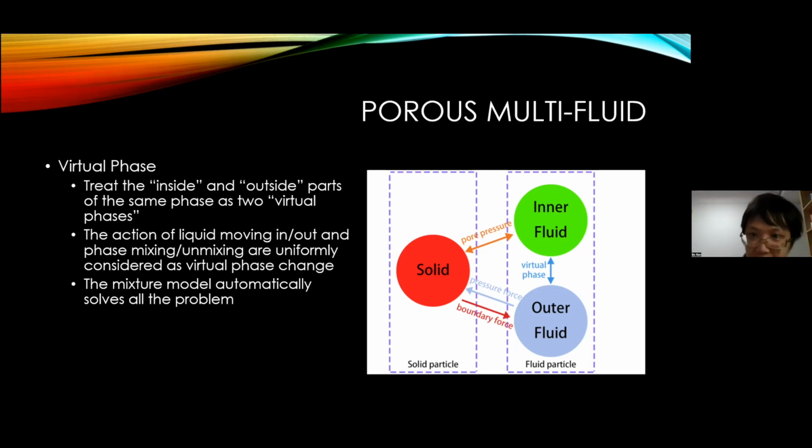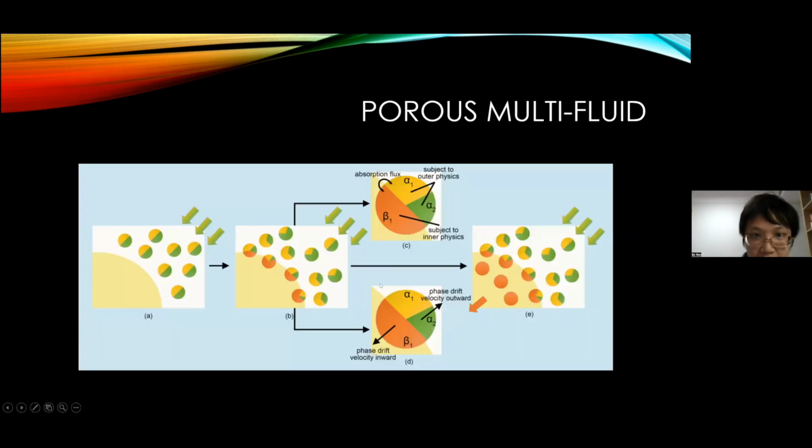model simulation with virtual phases. The particle behaviors on the boundary are shown in this figure. When the particle comes near the solid surface, in this case, we said that the yellowish phase can be absorbed, but the greenish phase cannot be absorbed.